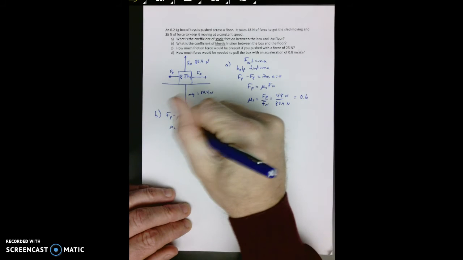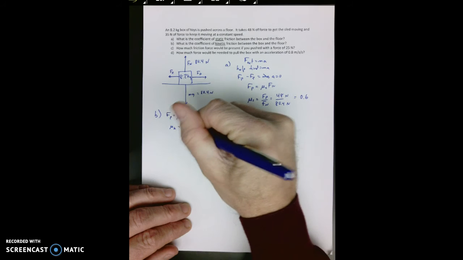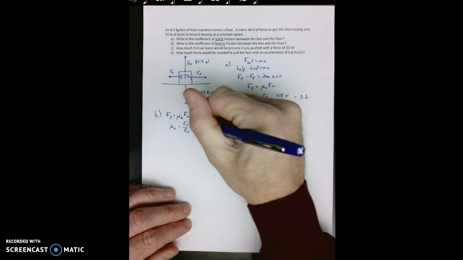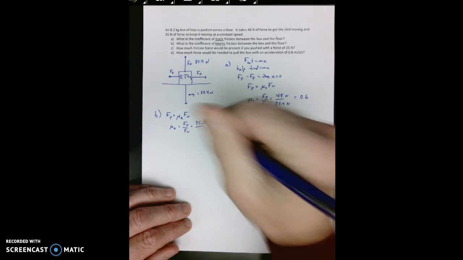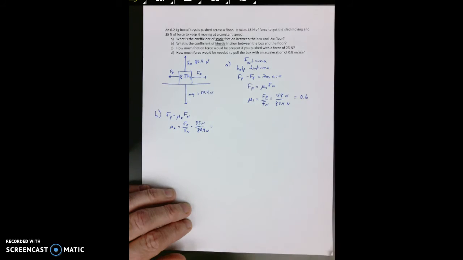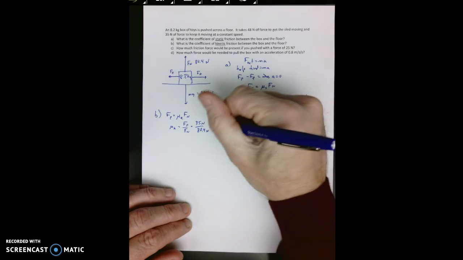So mu k is equal to the pulling force divided by normal force. The only difference really here is that I have a smaller pulling force. It is only 35 newtons divided by the 80.4 newtons of normal force. And that will be equal to, wait for it, 0.44.